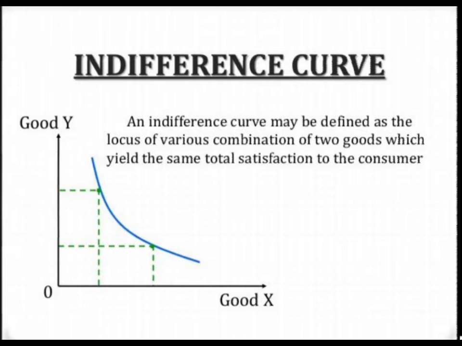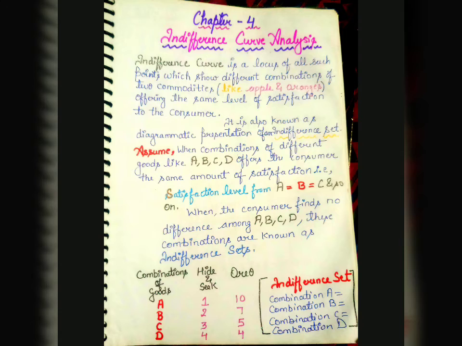Now the definition once again: an indifference curve is defined as the locus of various combinations of two goods which yield, means which gives, the same level of satisfaction or the total satisfaction to the consumer. You can write any of the definitions. I have given many definitions to you. This is my notes. You can write this one also if you like it.